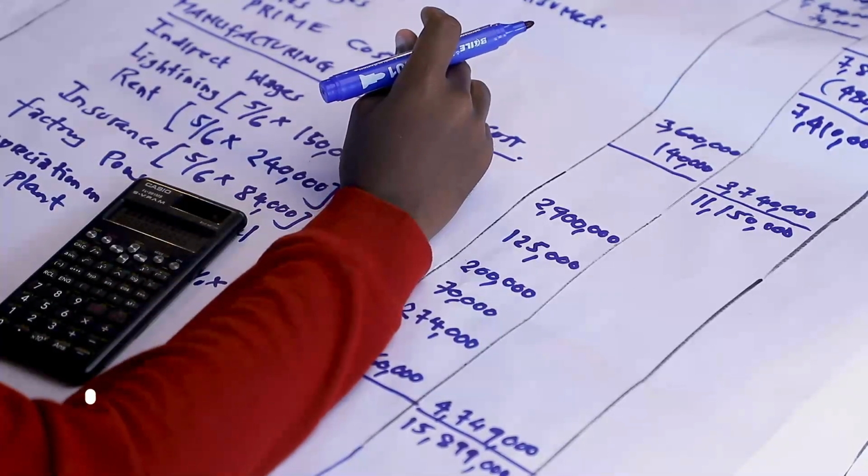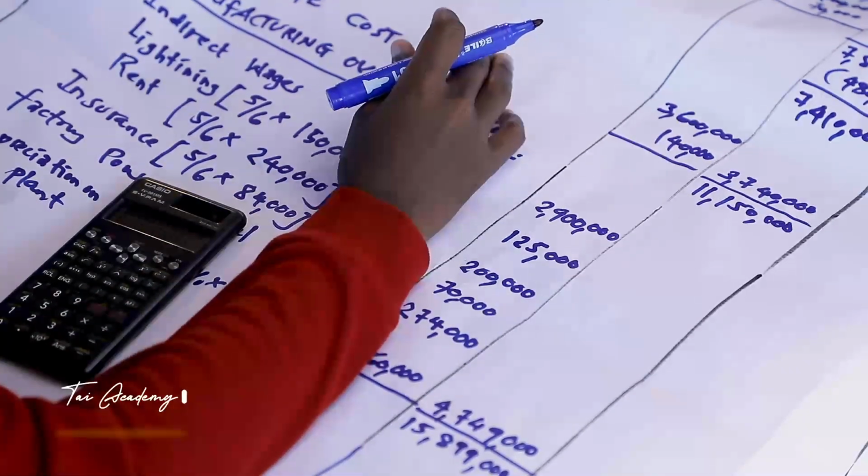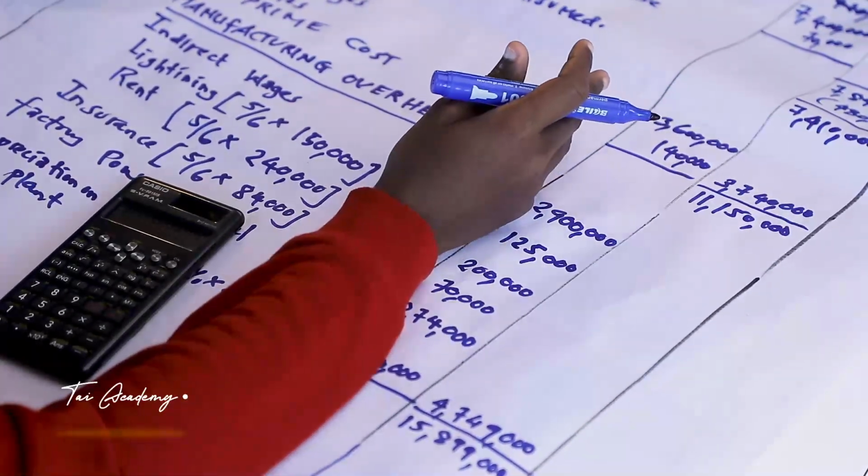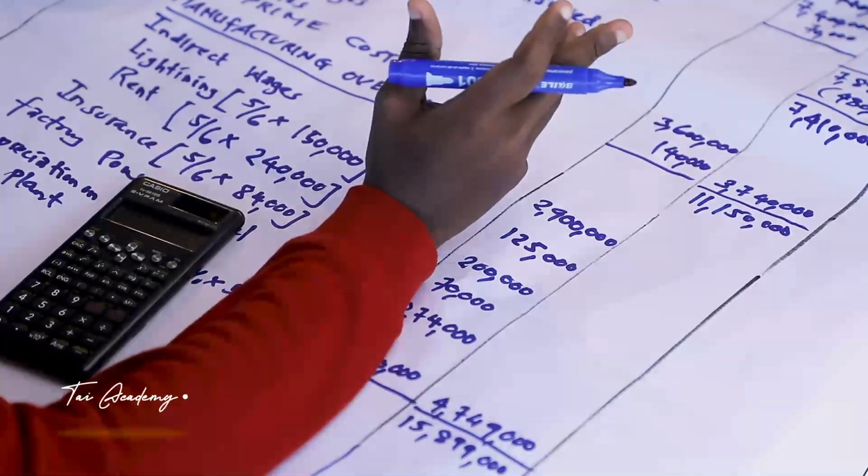So once we reach there, in manufacturing there are 3 types of stocks. We have raw materials, finished goods, and also work in progress.